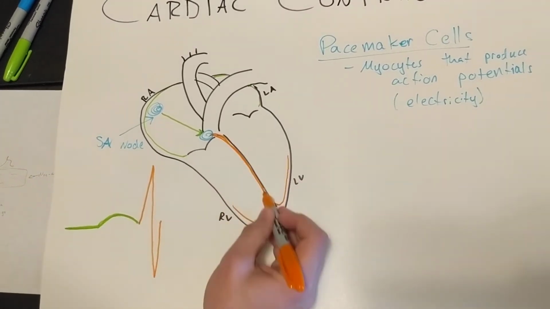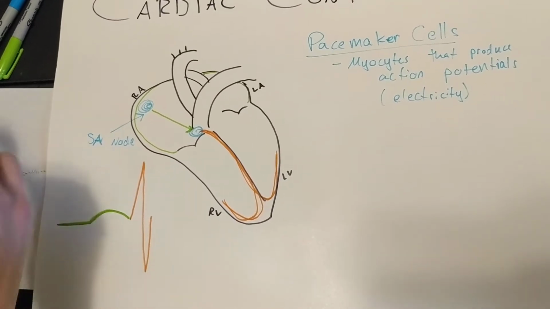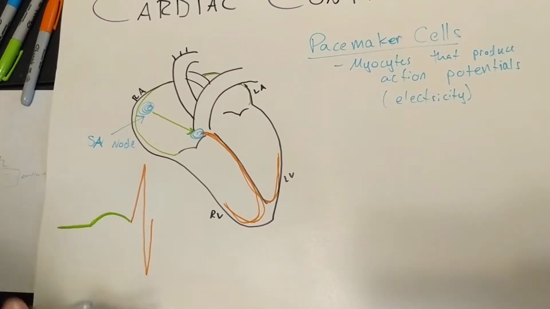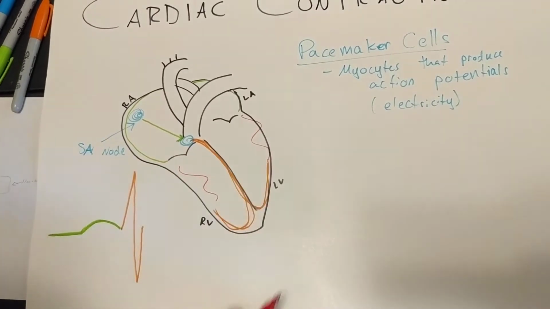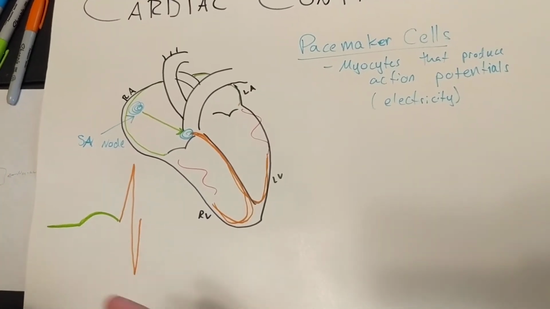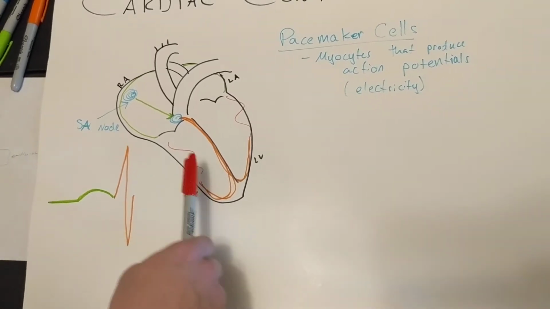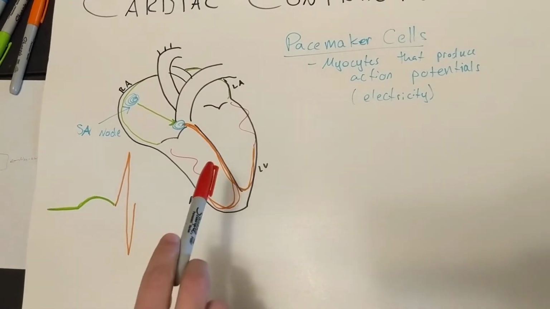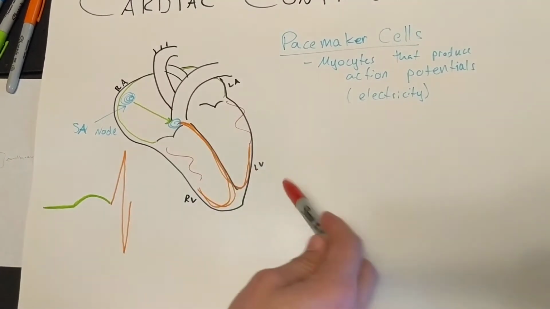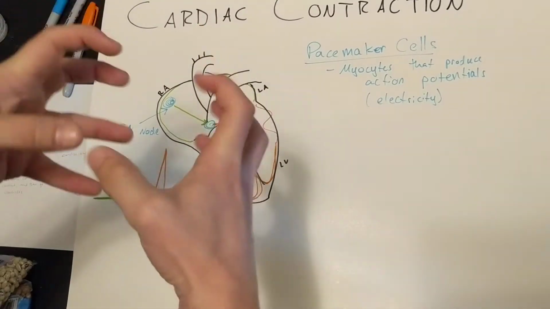So right here. And then we can say that the electricity kind of diffuses, right? And so remember that energy is never lost or gained. We can't make it and we can't lose it. We can't destroy energy. So what happens is this electrical energy is converted into kinetic and chemical energy, and so that's the contraction.